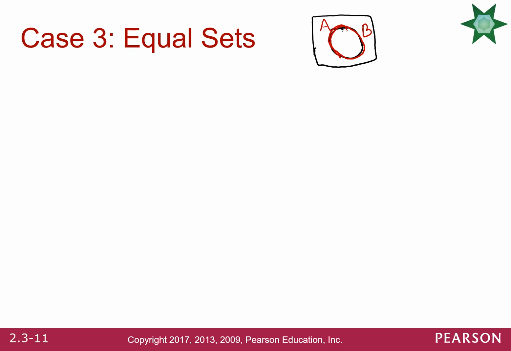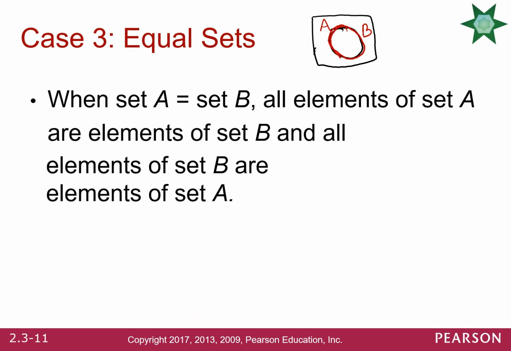Equal sets mean the sets have the same number of elements and the same elements as well. So how do we represent equal sets in general form? So let's pull up the information. When set A is equal to set B, all elements of set A are elements of set B, and all elements of set B are elements of set A.